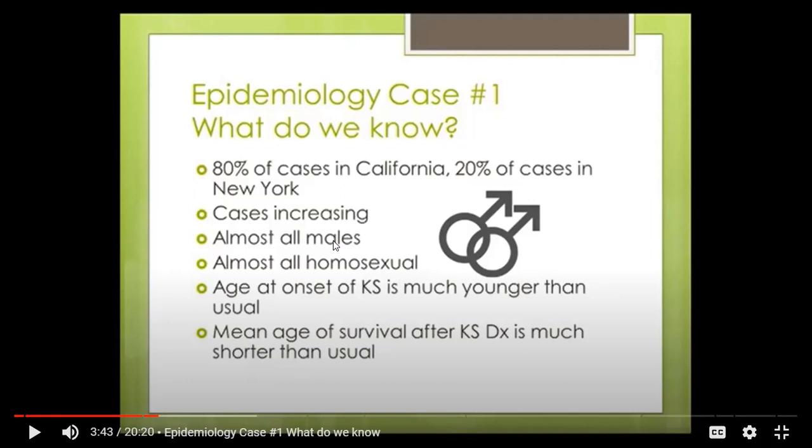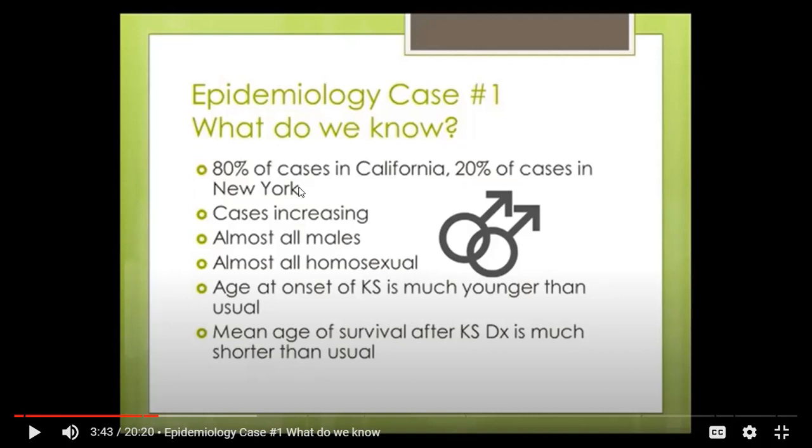After that study, they came to a conclusion: 80% of cases in California and 20% of cases in New York. But remember, it is not a general view in that study.